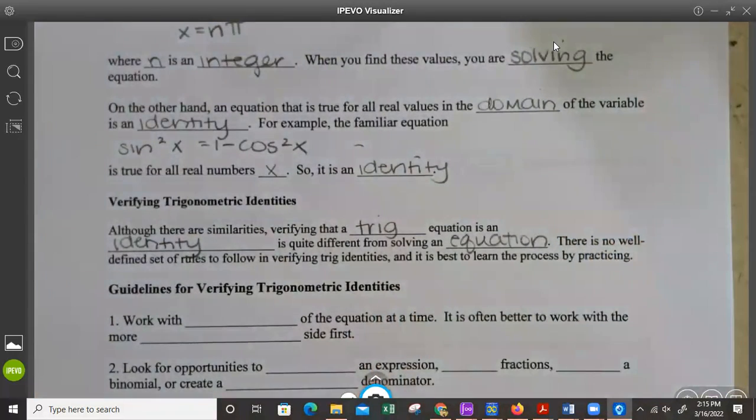There is no well-defined set of rules to follow in verifying trig identities, and it's best to learn the process by practicing. So what this is saying is, it's kind of like geometry. The way some of you saw solving a circle or solving a triangle might have been a little bit different than somebody else, okay? So this is going to be the same way. As long as you get the same end, the stuff in the middle is not a huge deal, as long as it works out.